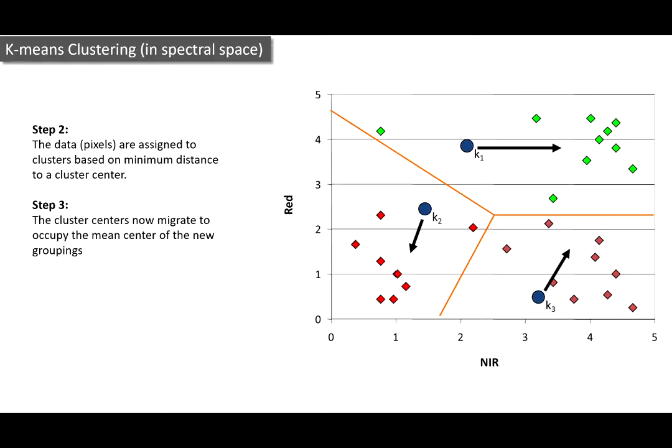This one moves over here because of this cluster of green pixels: the mean NIR value is going to be somewhere over here, and the average red value is going to be somewhere over here also. So it's going to move left and right and up and down to find the new mean of all of these green pixel values. This one moves down here, and K3 moves over here.